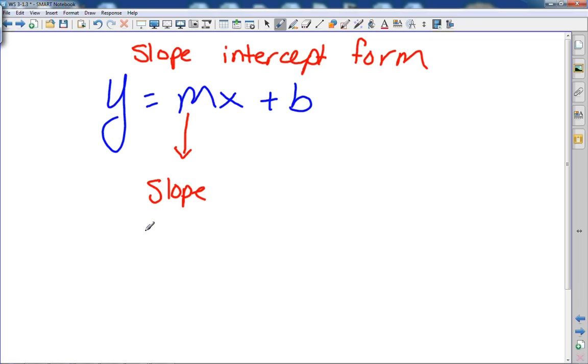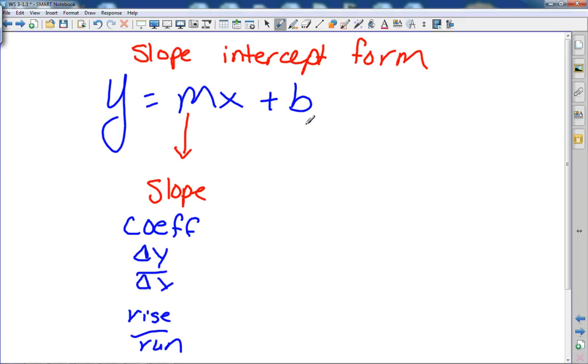It is also known as the coefficient, delta y over delta x, and we also call it rise over run. This next one over here is called the y-intercept. We also know it as the constant.